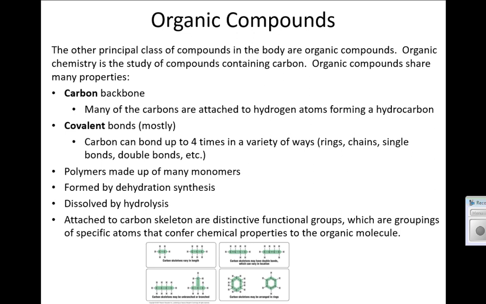Each individual brick is the building block for that structure. The bricks are the monomers. And then you can build into the whole structure, which is the polymer. So the house is the polymer. Each individual brick is the monomer.